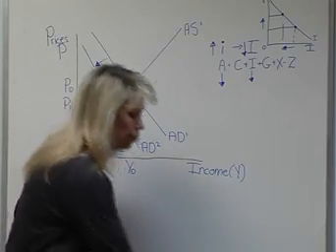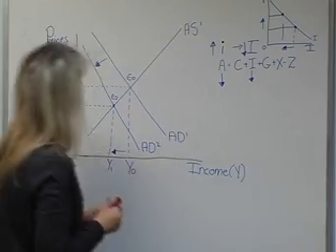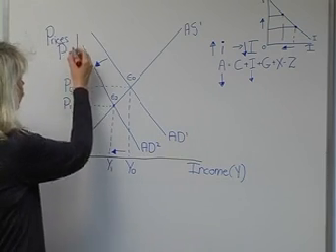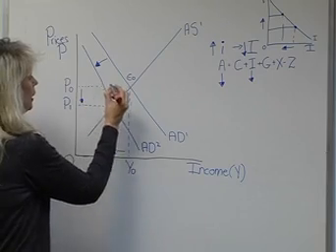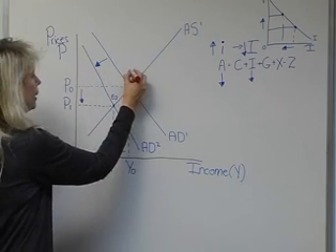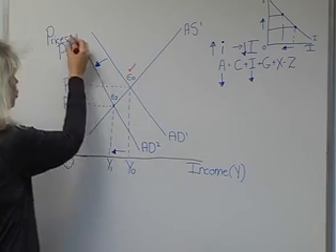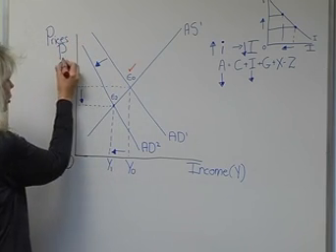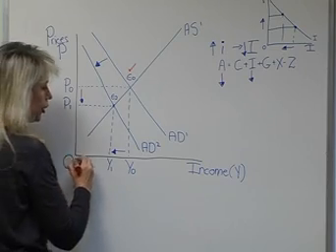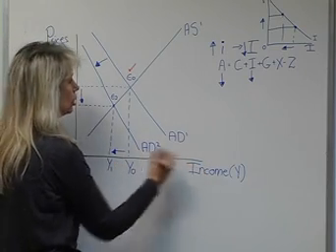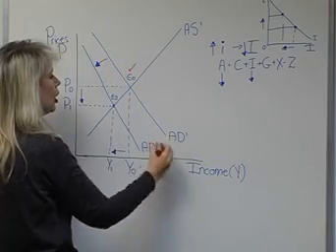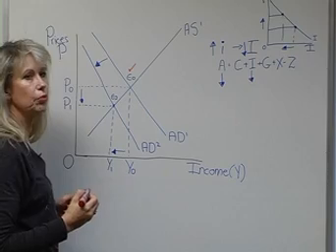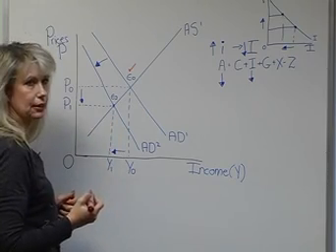So what will you get marks for in this question? In the first place, there is 1 mark allocated for the original equilibrium position. But to get that mark, you have to show correctly what is on the vertical axis. So you have to show the price level. You have to show correctly what is on the horizontal axis, and the slopes of your original aggregate supply and aggregate demand curve have to be correct.